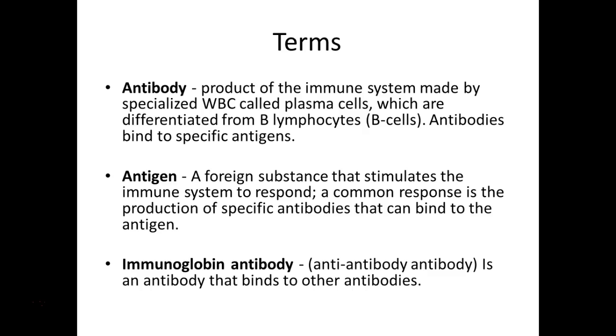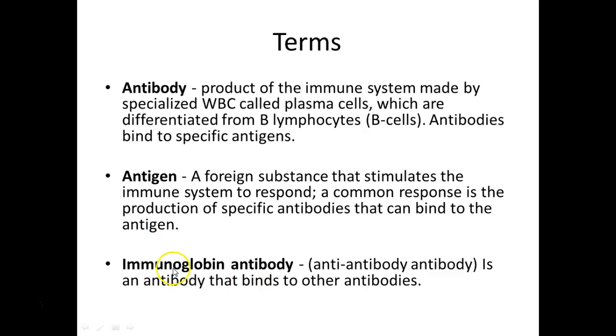The other thing we're going to utilize in this test is what's referred to as an anti-antibody antibody. Wow, that's a mouthful, right? A lot of times, instead of saying anti three times, we use one of the synonyms for antibody. Immunoglobulin actually means antibody. It's another name for an antibody.